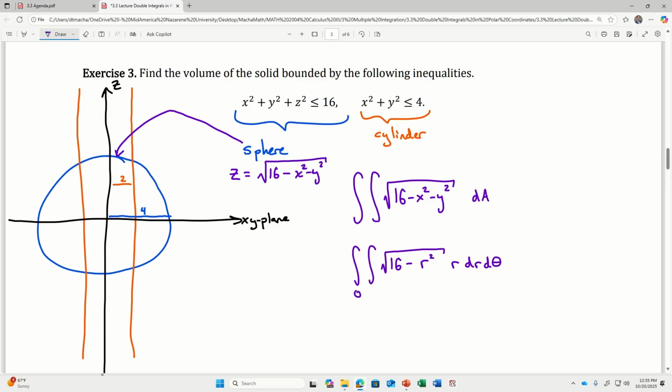So we're going to go from 0 to 2 pi for the bounds on theta. And then what are my bounds on r? 0 to 2, yeah, because for that cylinder, I can only go to a radius of 2 units away from the z-axis.